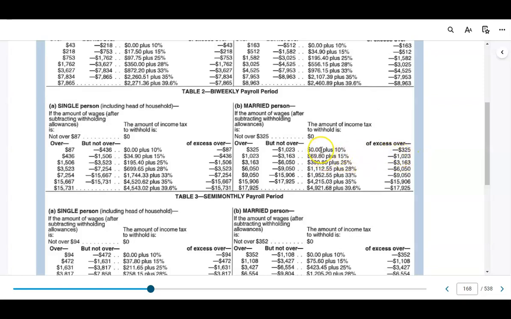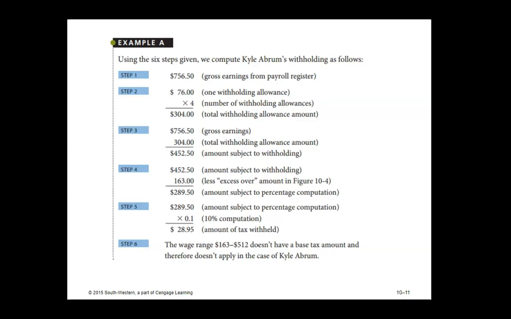Okay, so all we're doing is adding this number, which would be the wage base tax amount. So in this case, we don't have to because it was 0. And again, it's simply $28.95 for the federal income tax that was withheld.